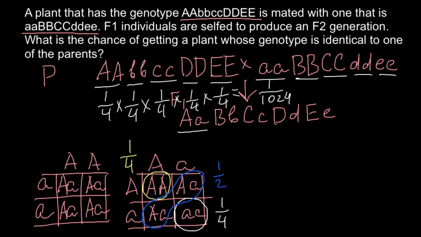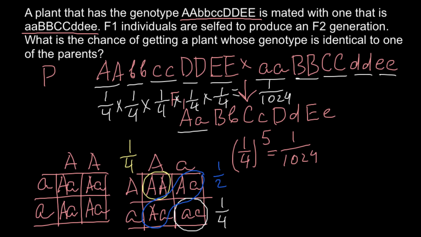Or we also can abbreviate it as 1/4 raised to the power 5. So we have 5 genes, and the result would be the same, 1 over 1024.